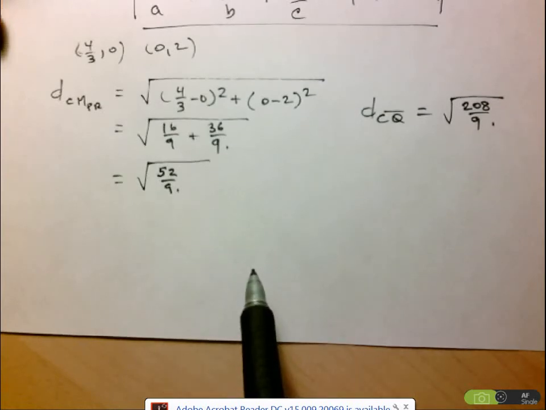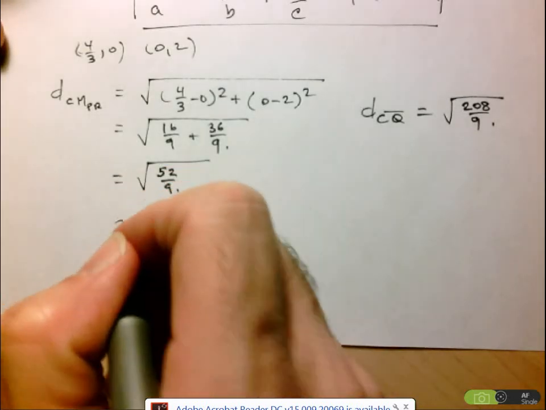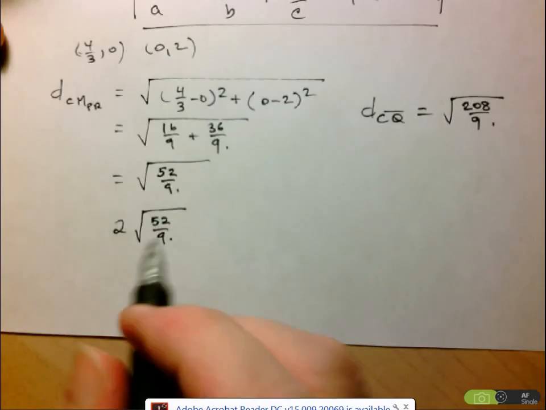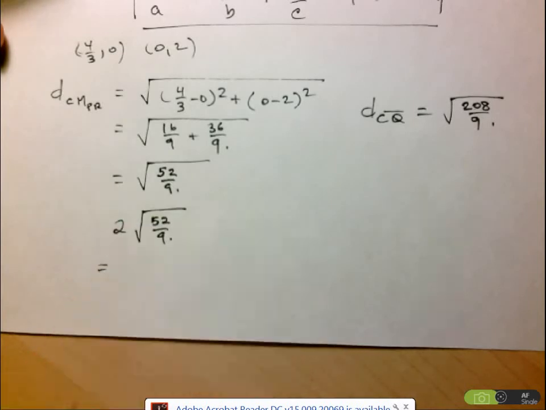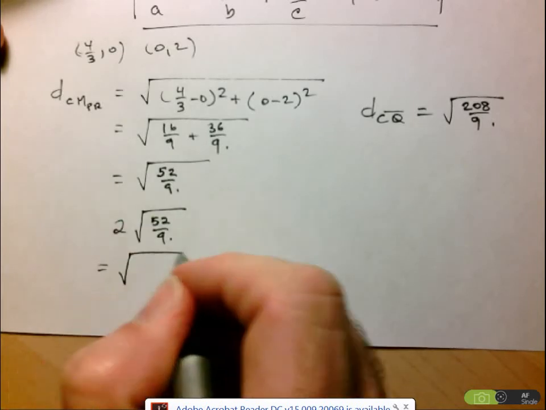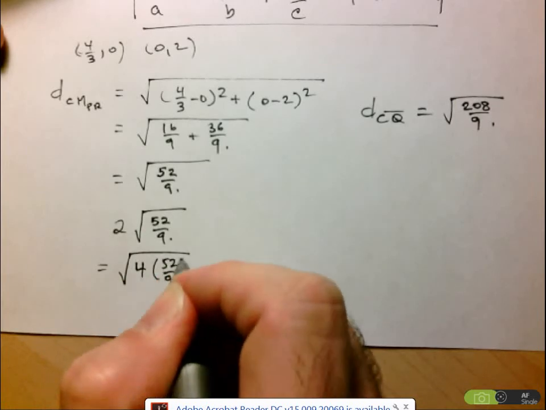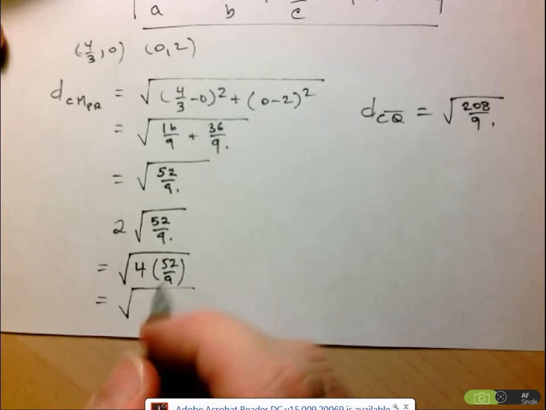I think we'll see that this is going to work out, because if I take 2 times square root of 52/9, and I want to bring this 2 inside the square root, it's going to become 4 times 52/9. And when we do 4 times 52/9, we get exactly 208/9.